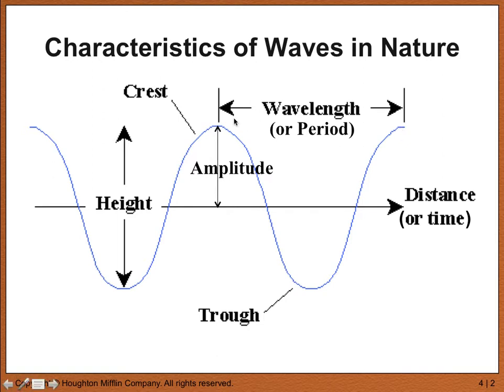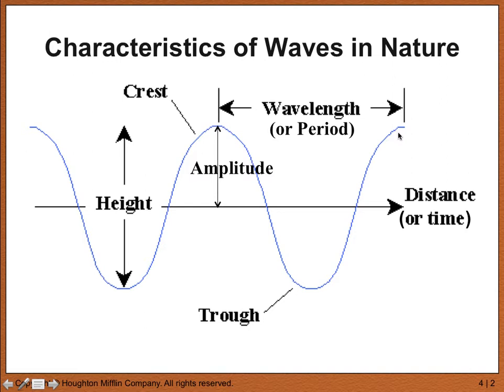Now, period only applies when we're talking about time in the x-axis, because period is how long it takes for a cycle to complete. By cycle, I mean going from, for example, crest down to trough, back up to crest.